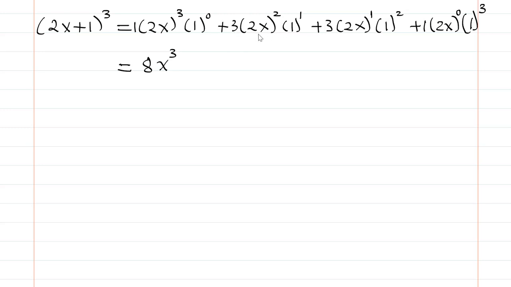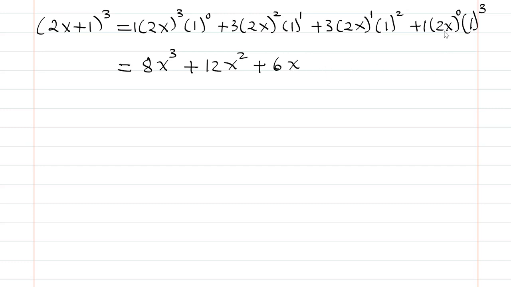So what is 2x power 2? That is 4x squared. 4x squared times 3, it gives us 12x squared. And then here we have 1 power 2, which is still 1. So this makes no change to our expression. 2x to the power 1 is 2x. 2x times 3, it is 6x. So here we shall have plus 6x.